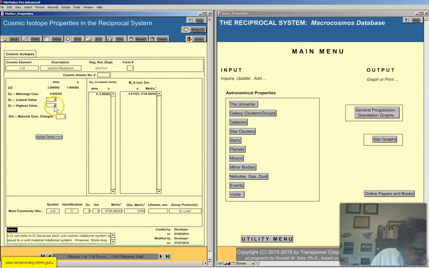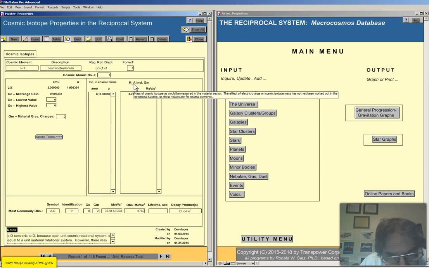So it's really 0 for this. Number of material gravitational charges as observed would be 2 in this case. So then we get G sub C here in cosmic terms. Because it's 0, 0 there, 0 for U. And then here, this is the mass of the cosmic isotope as would be measured in the material sector.